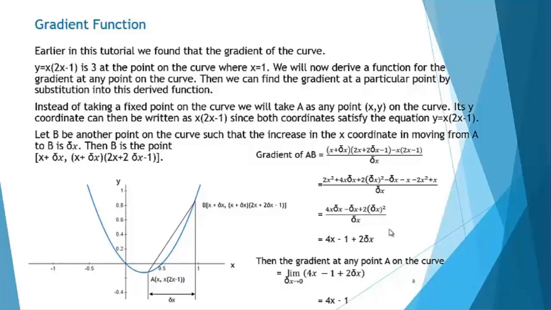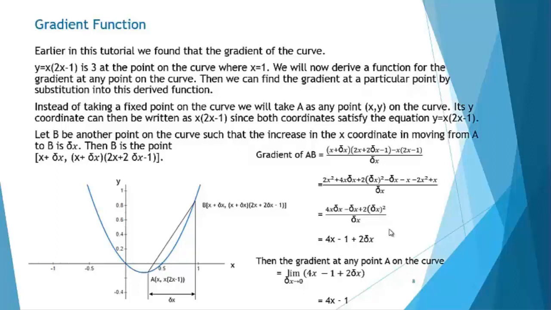Then, like the method which we have used before, to find the gradient of AB, we write down the increase in y over the increase in x. So (x + δx)(2x + 2δx − 1) − x(2x − 1), over δx.